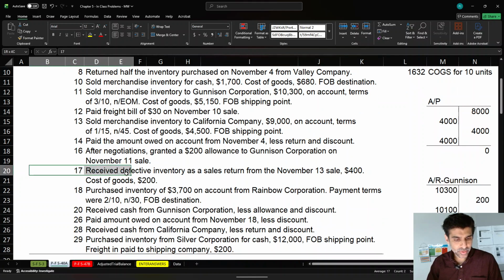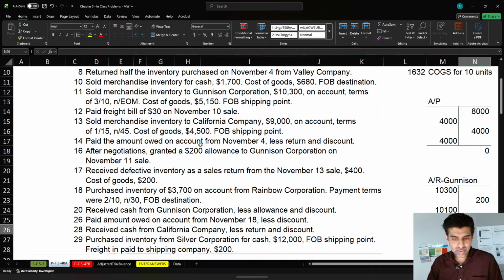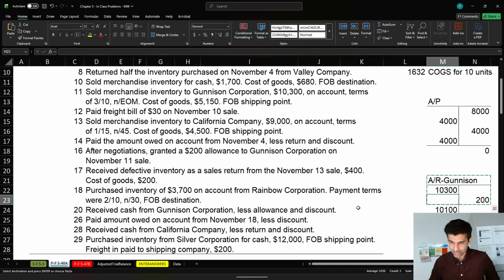Okay. So on the 17th, I received defective inventory from the 13th sale. So this is from California company. Originally 9,000. So again, I'm going to start another account receivable for California company.